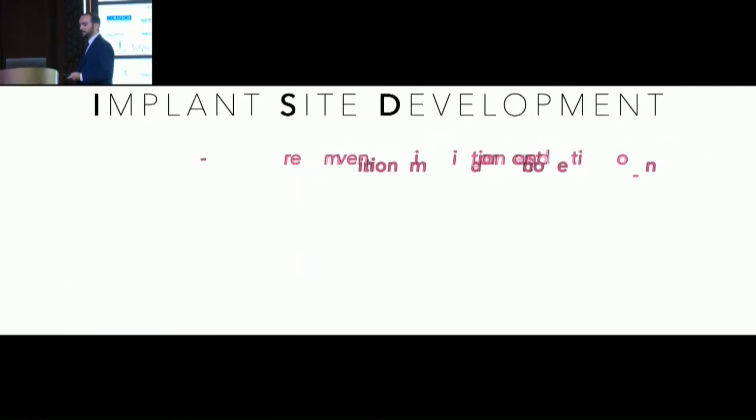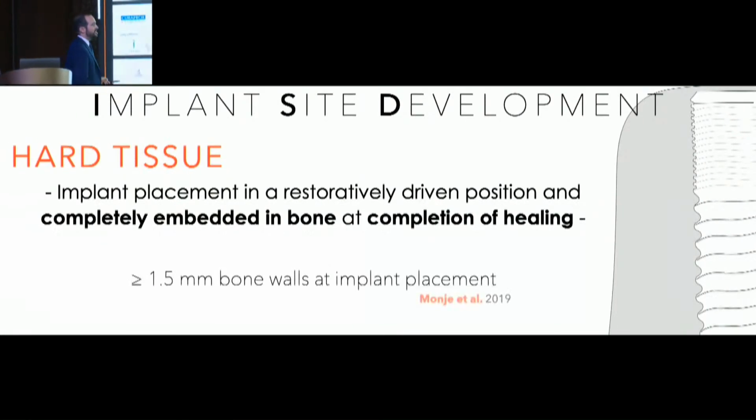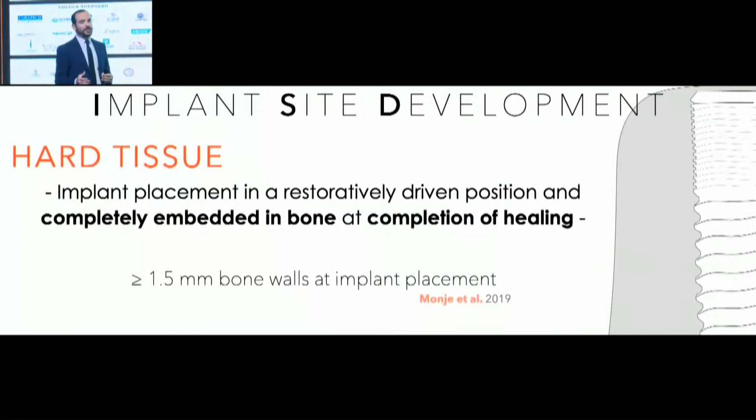When we have this type of defect, what we want to do is place the implant, very importantly, as we will see later, in the ideal three-dimensional position, and we want our implant to be completely surrounded by bone at the end of the healing phases. And what does that mean? That means that we need to be aiming at having at least 1 to 1.5 millimeters of bone when we place the implant.